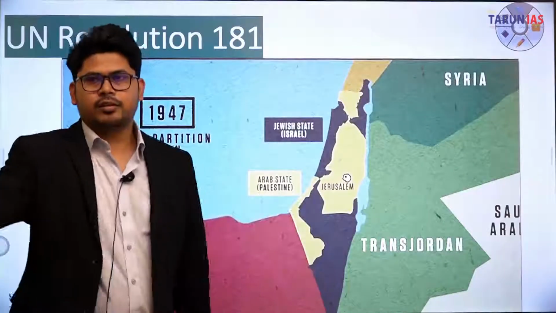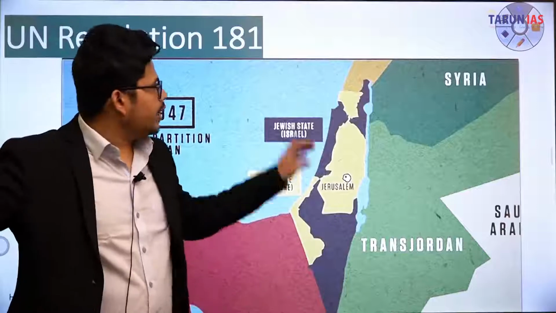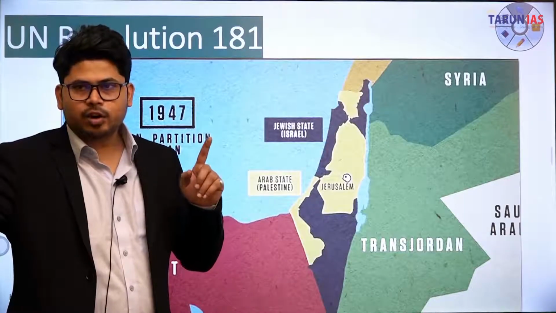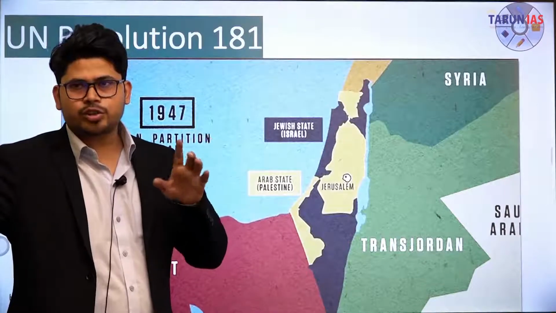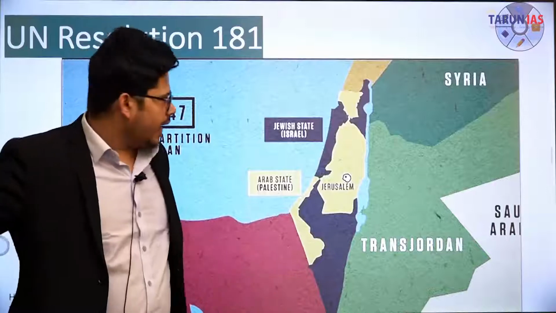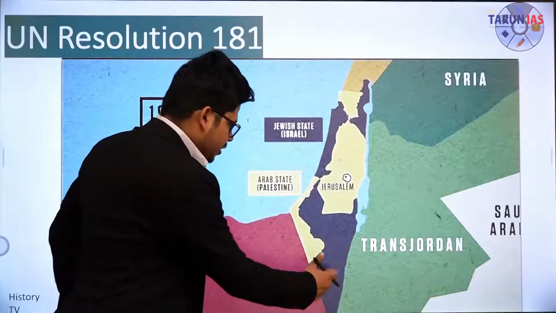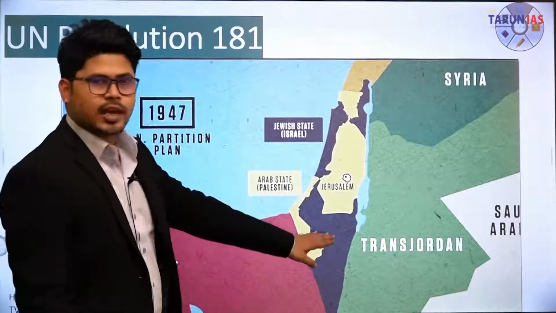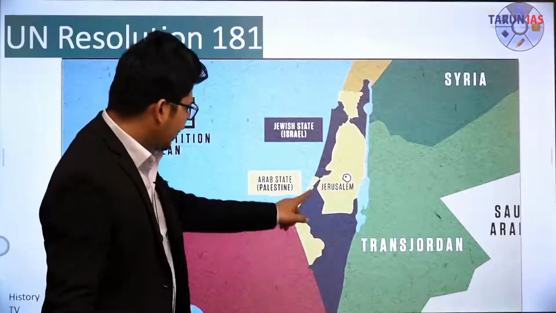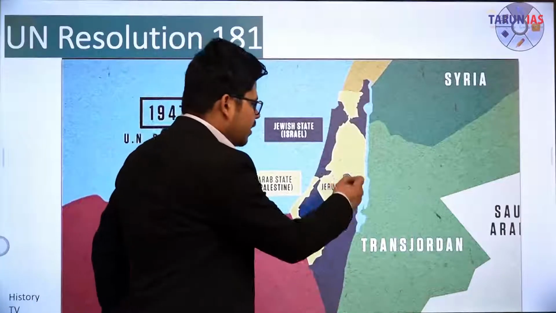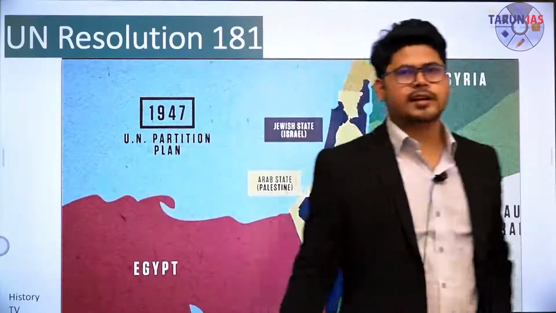after the Second World War, okay, again the United Nations was formed, and in 1947 a resolution numbered 181 was drafted, and this area in the dark color was given to Israel. In this light color, it was given to Palestine, and Jerusalem was declared an open city under the control of the United Nations.